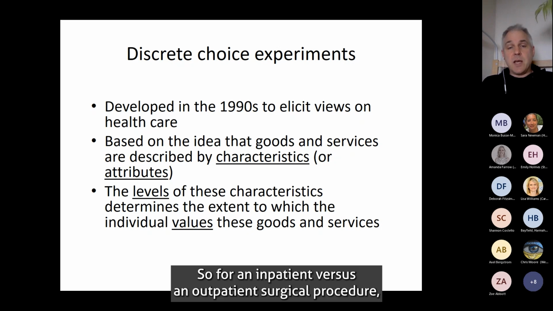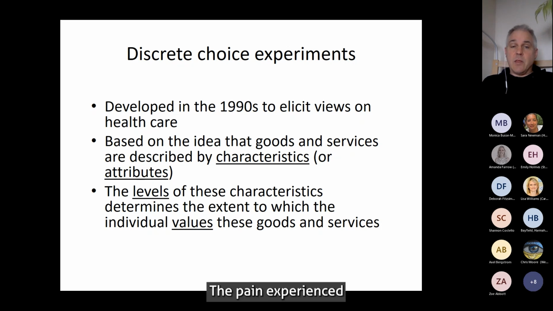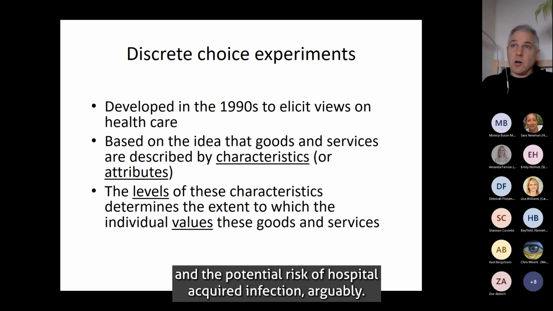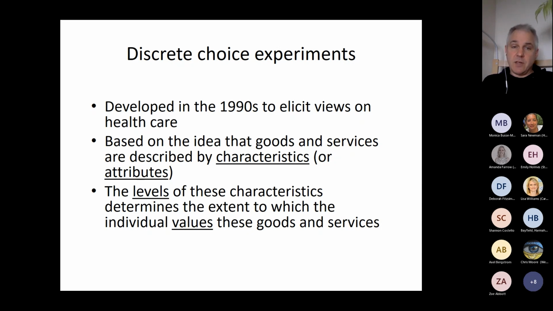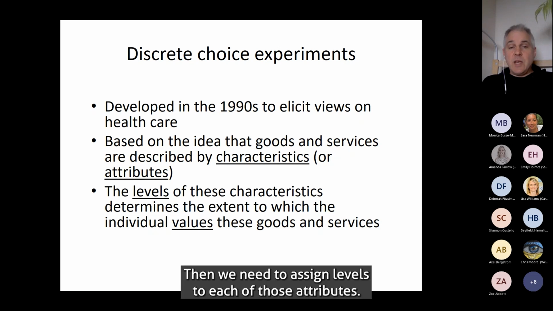So for an inpatient versus an outpatient surgical procedure, the attributes may well be something along the lines of time to recovery, the pain experienced, the mobility following the surgical procedure, the potential risk of hospital-acquired infection, arguably. So they could be relevant attributes to that sort of choice that somebody may have by being an inpatient or an outpatient. Then we need to assign levels to each of those attributes.